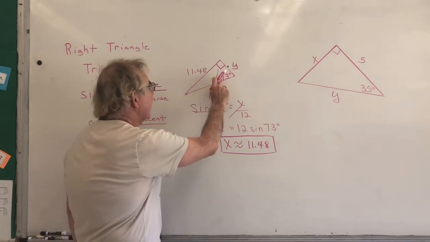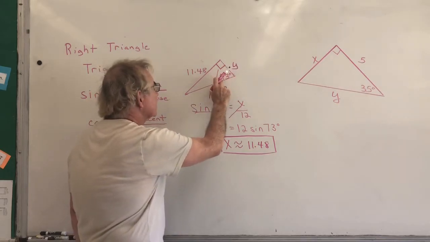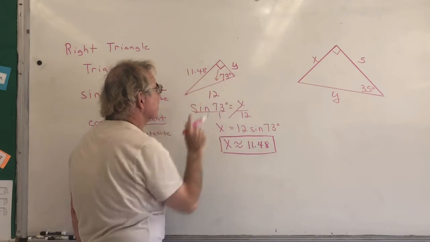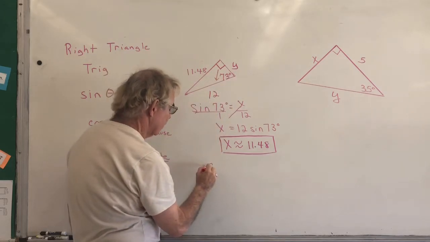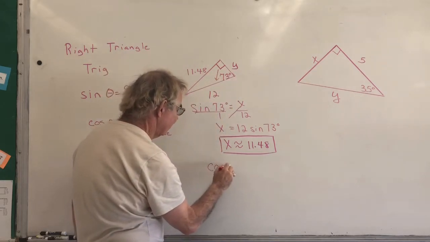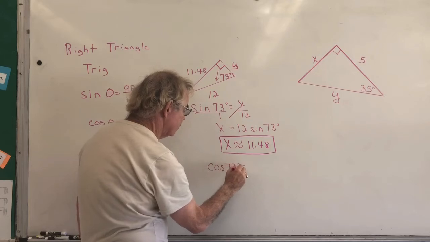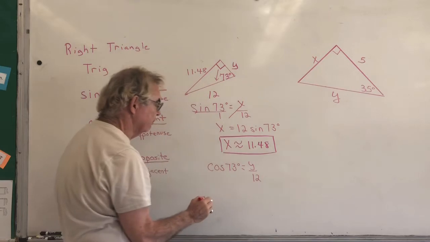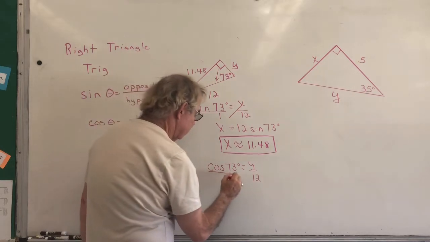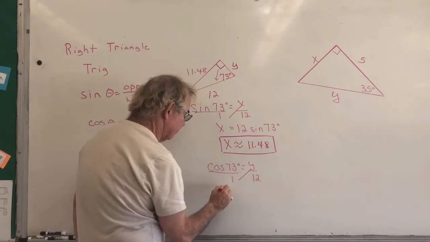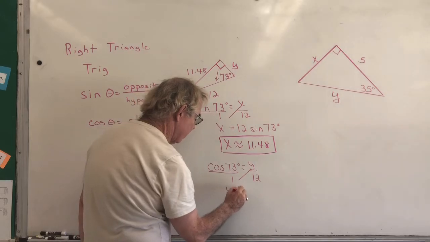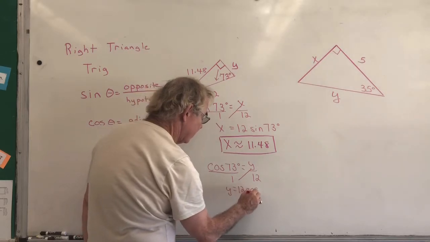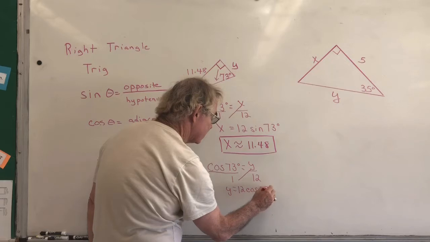Side y is adjacent to 73 degrees, so the cosine of 73 degrees is y over 12. If we cross multiply, we get y is equal to 12 times the cosine of 73 degrees.